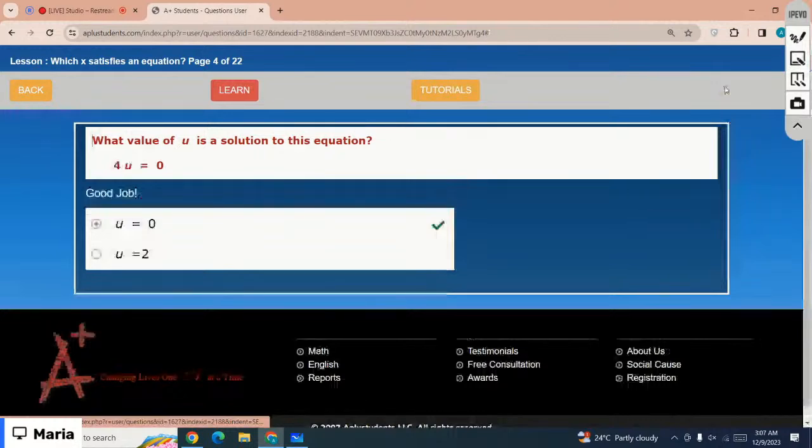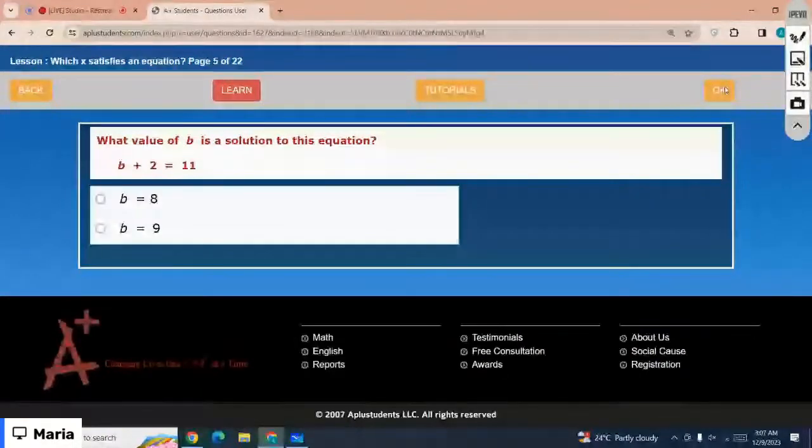The next one is what value of b is the solution to this equation? b plus 2 equals 7. So which is the correct option?